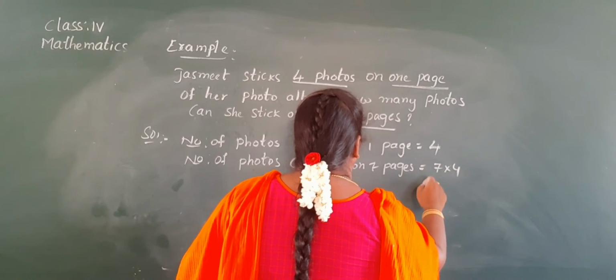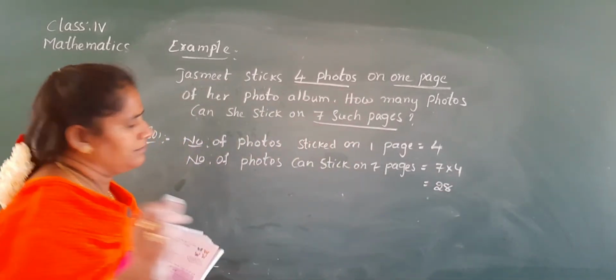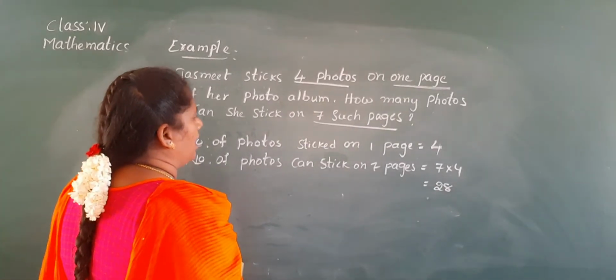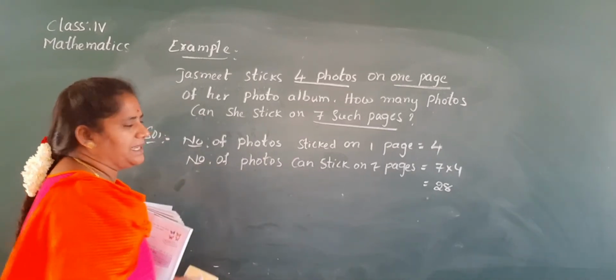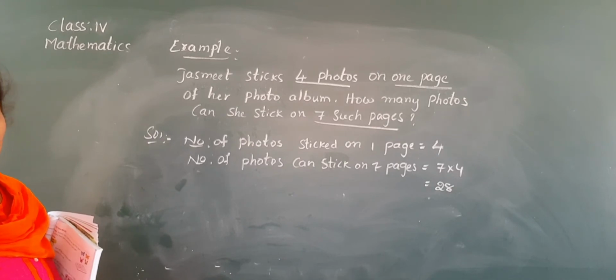So 7 times 4, 7 4s are 28. Okay? So number of photos stuck on one page is 4, then number of photos that can be stuck on 7 pages equals 7 into 4. 7 4s are 28 photos.